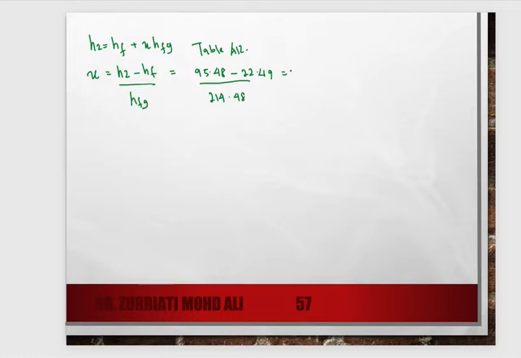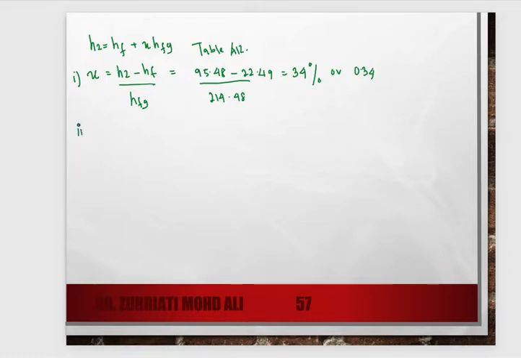So I get the quality as 34%, or you can give it in decimal, 0.34. So that is question number 1.